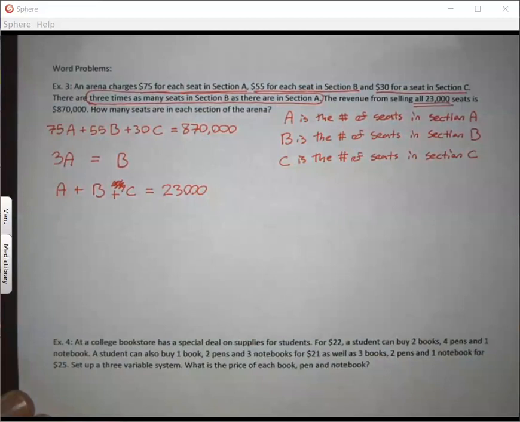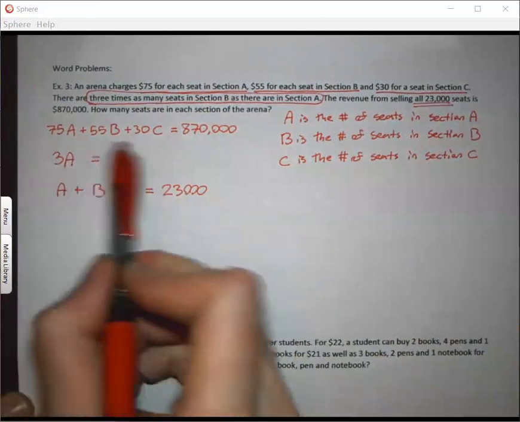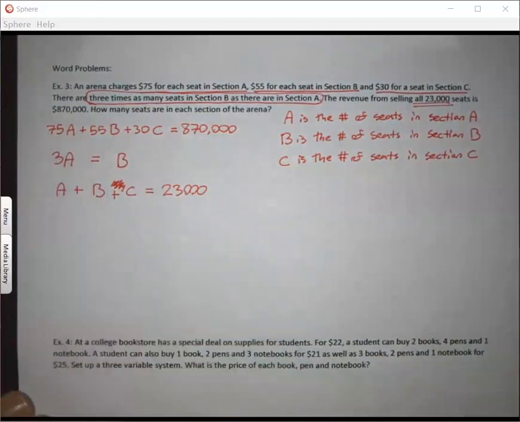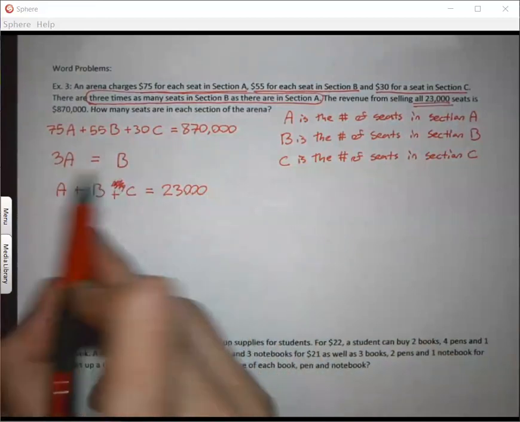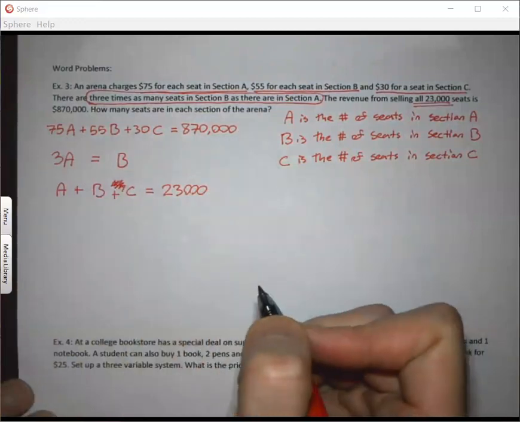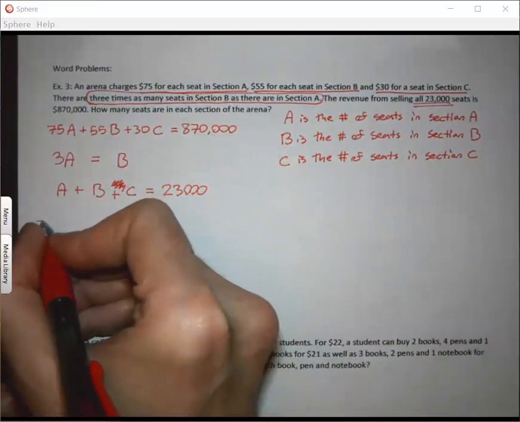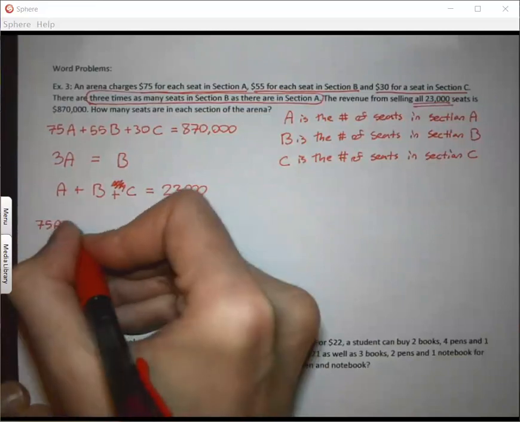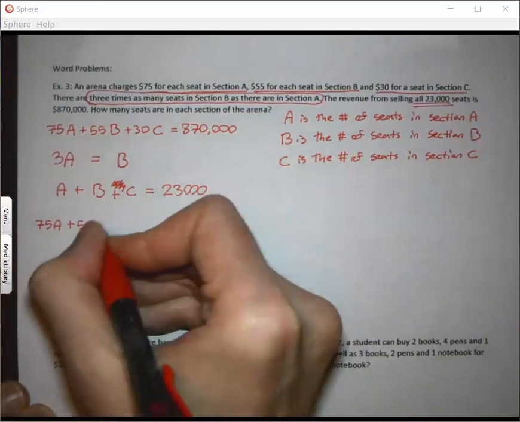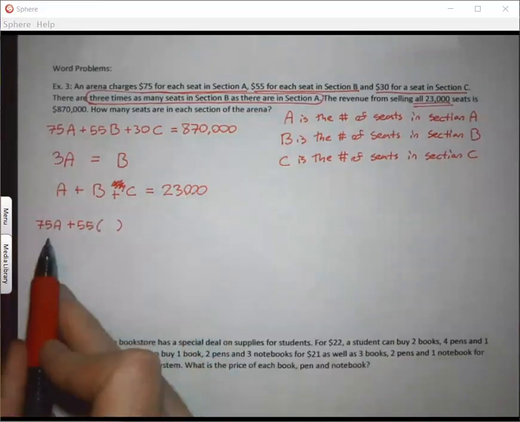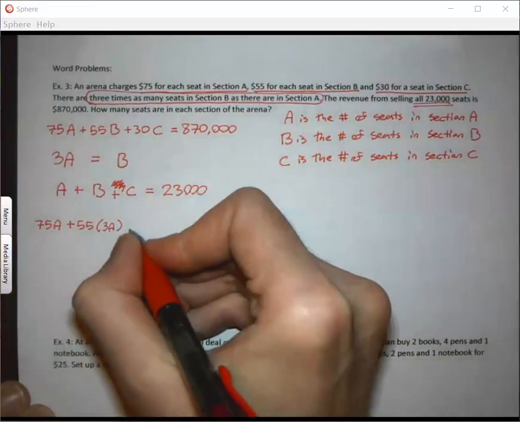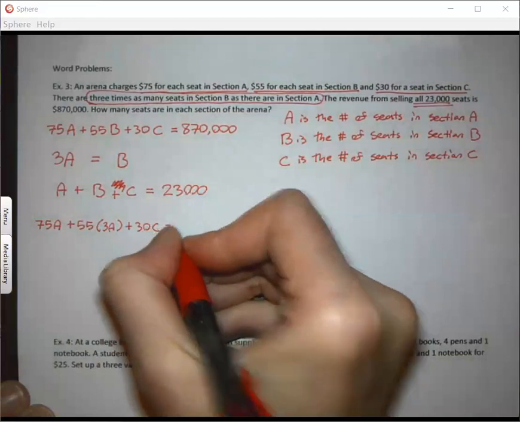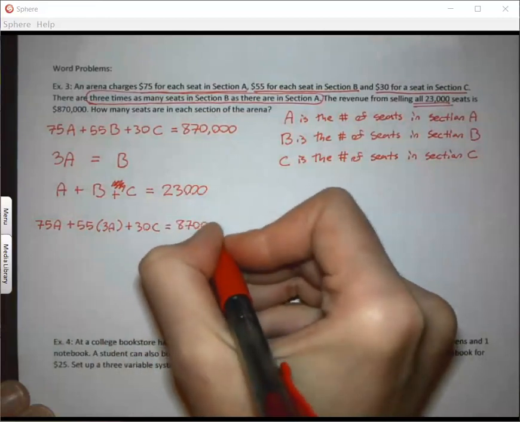So now we can do step 4. We can finally solve. This is set up nicely for substitution. So I'm going to take this, substitute it into the first equation. So 75a plus 55b, we know b is equal to 3a, plus 30c equals 870,000.